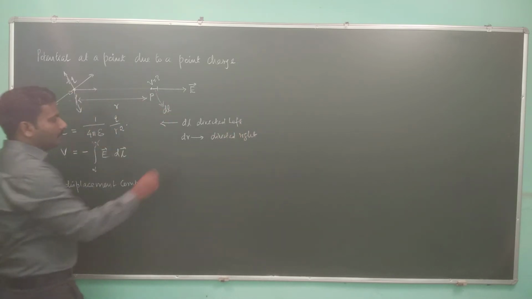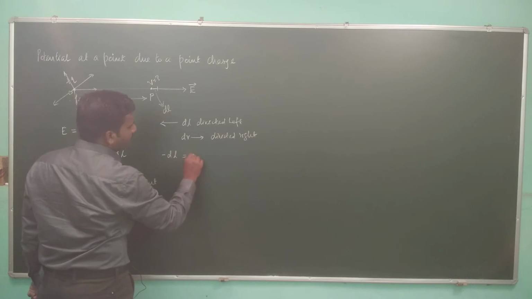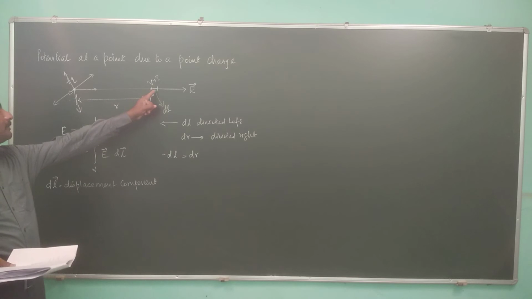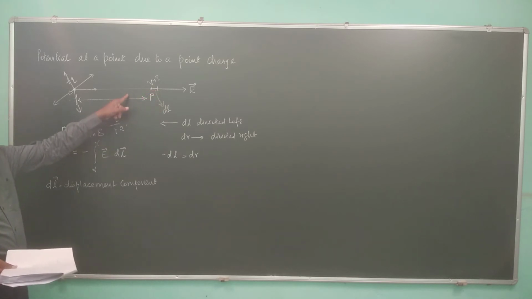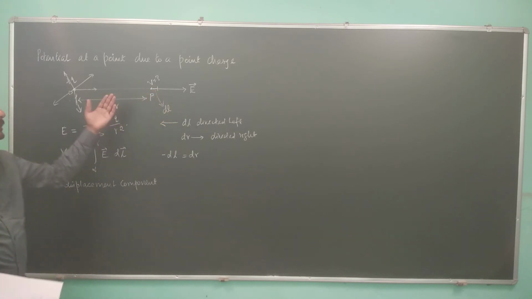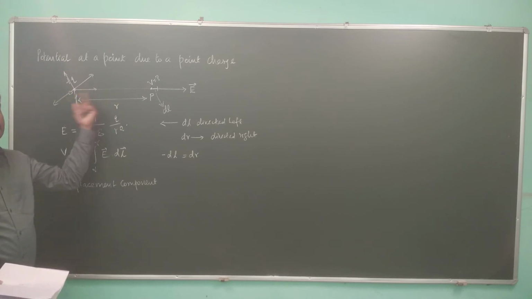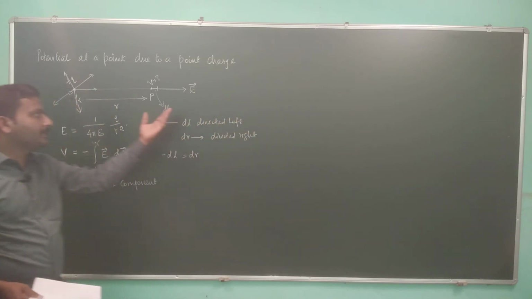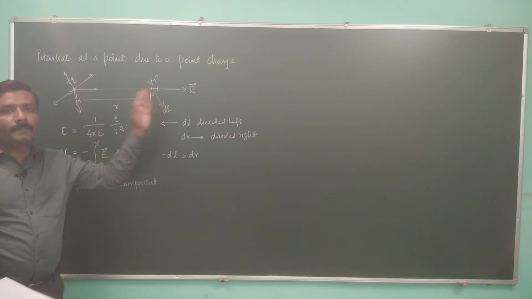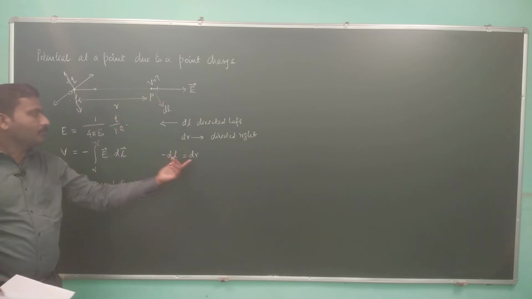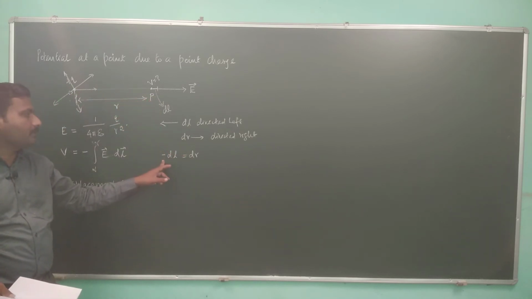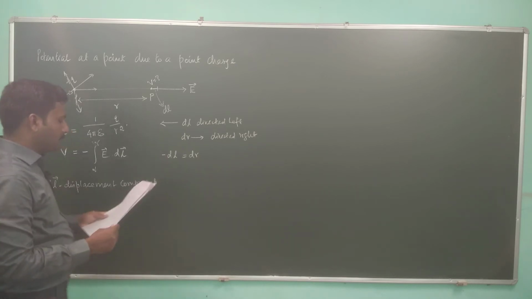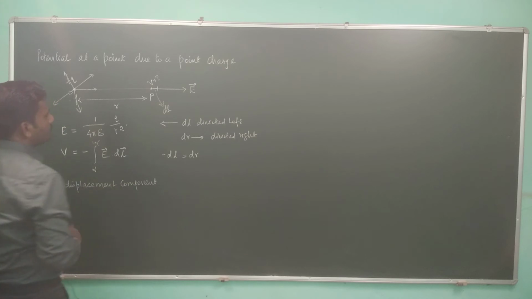So you can write minus dl equal to dr. That is, if the length from infinity increases, the distance from the charge decreases. These have an opposite relation, so we write minus dl equal to dr.